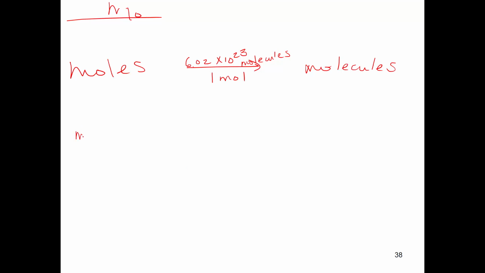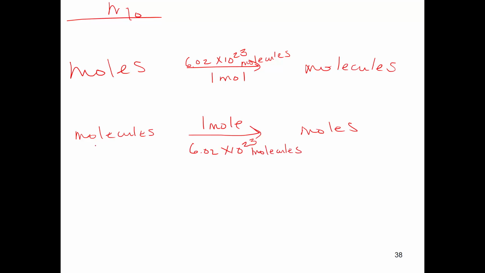If I want to go from molecules to moles, then I got to make sure that I do the correct 1 mole over 6.02 times 10 to the 23rd molecules. And so it's a great conversion factor if I need to know how many moles there are with this many molecules, or how many molecules in this many moles.